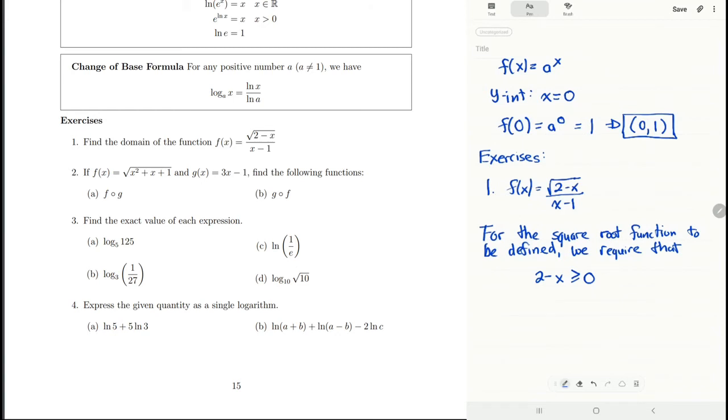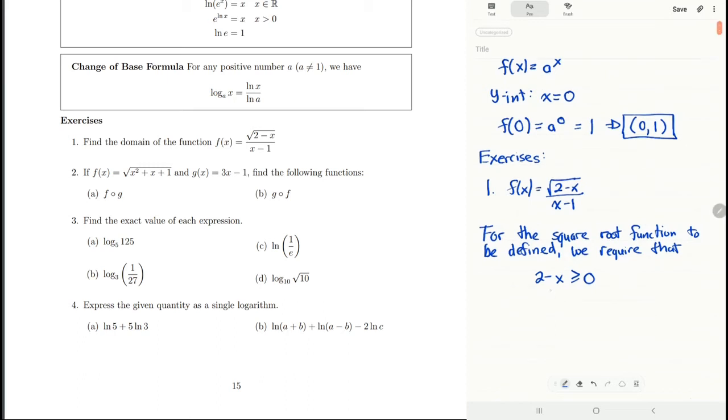Okay, so we can't take the square root of a negative number. So everything that's underneath the square root must be greater than or equal to 0. So we'll set 2 minus x greater than or equal to 0 and then solve for x.